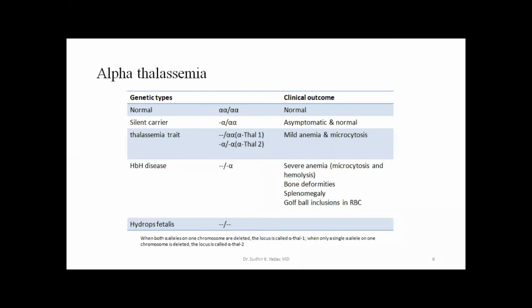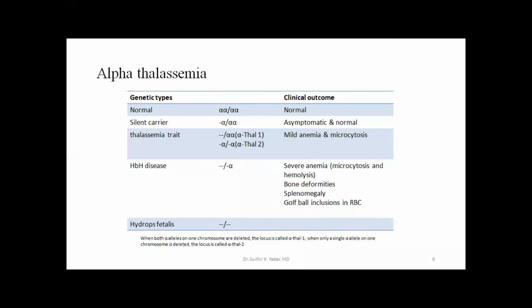So there is very severe anemia. Patients present with microcytosis and hemolysis. There can be bone deformities, splenomegaly, and there are inclusion bodies in the RBC. Okay, and these inclusion bodies are known as golf ball bodies because they appear like a golf ball.